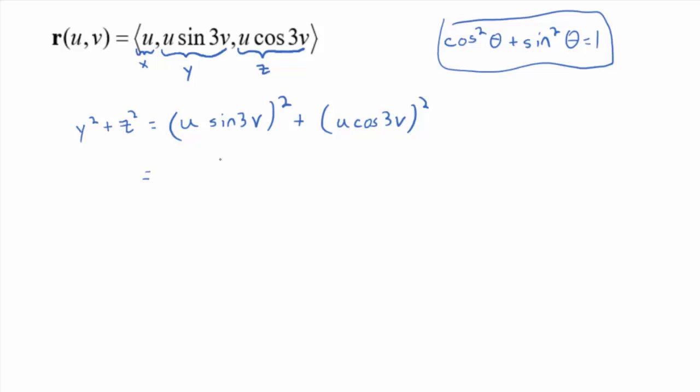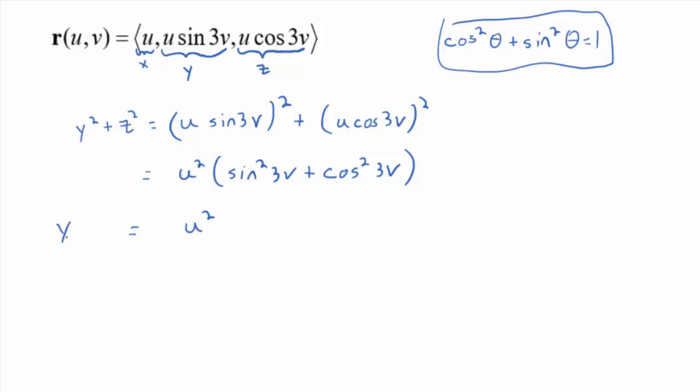So that's u squared sine squared 3v plus u squared cosine squared 3v. I can factor out that u squared. Is it okay if I do all that in one step? And then that leaves me with 1, in the form of sine squared 3v plus cosine squared 3v. So that leaves me with u squared times 1, or just u squared.